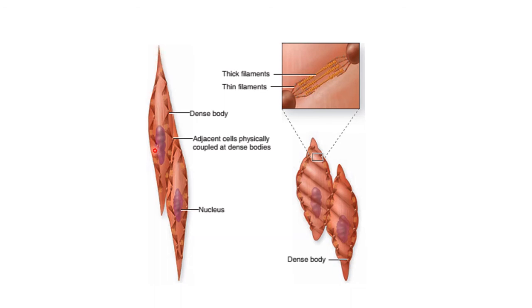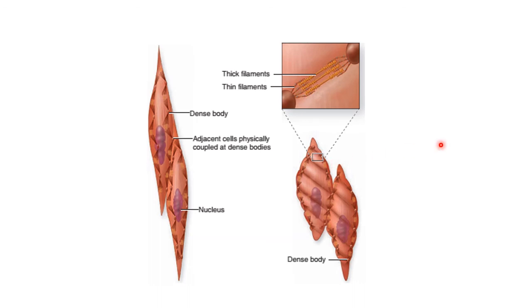This is one smooth muscle cell and this is the other one. The narrower part of one cell lies near the wider part of the other cell, and we notice that the thick and thin filaments are found obliquely here and also here, obliquely through the cell.